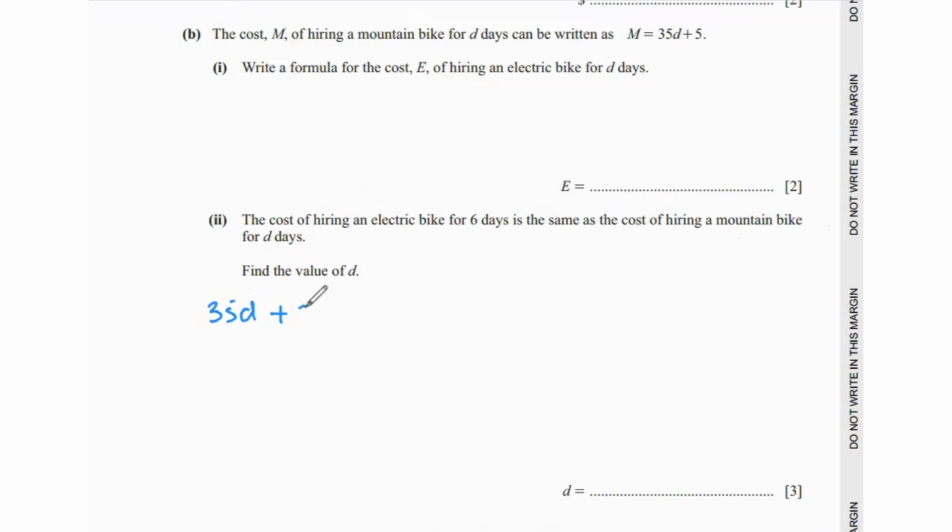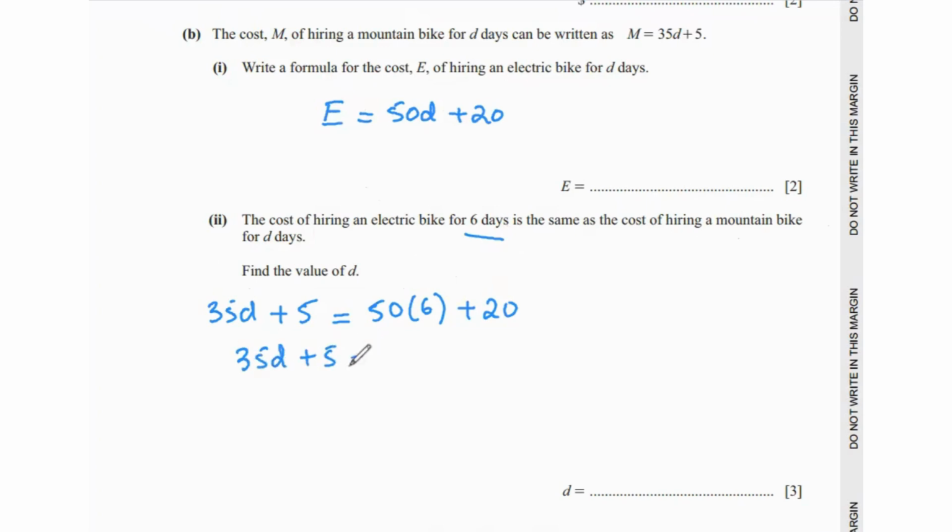35D plus 5 equals the equation of E, which was 50D plus 20, but now the D value is 6 because we're saying that the cost of hiring the electric bike for 6 days is equal to the cost for hiring the mountain bike for D days. So 50 times 6 plus 20.